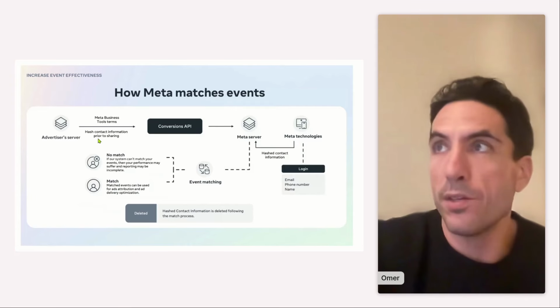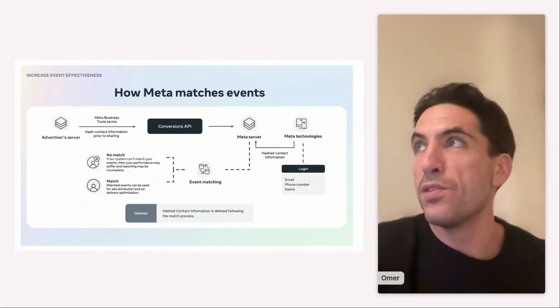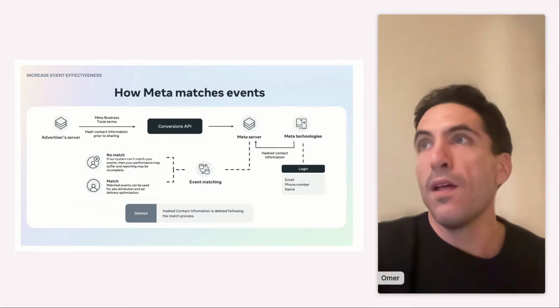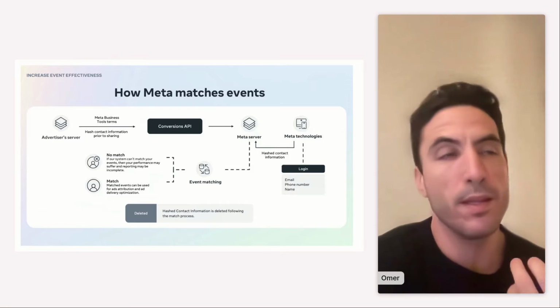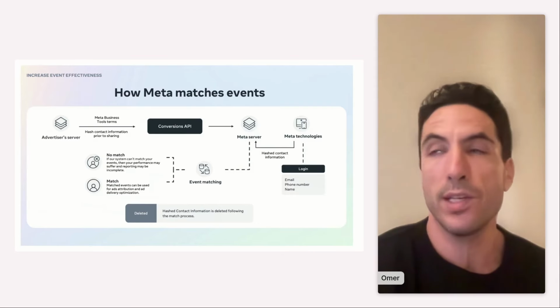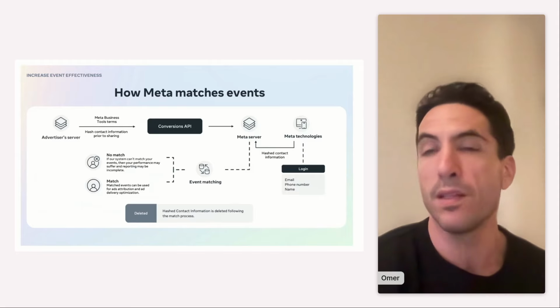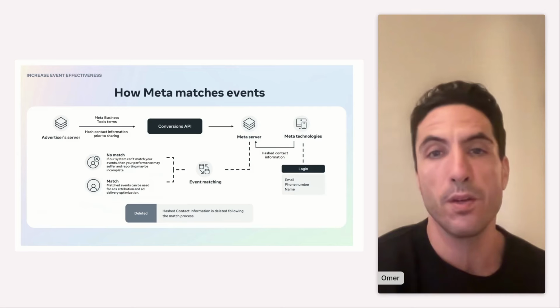There's a nice diagram here that we illustrate how EMQ is used and how we match the events. The more customer information parameters and the higher the integration quality, the better the chances that we can match the event. Now, if we are not able to match the event, then there's no optimization loop here, and the campaign will be suboptimal. And we don't want that.